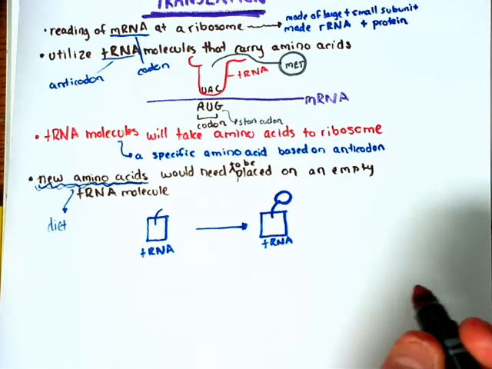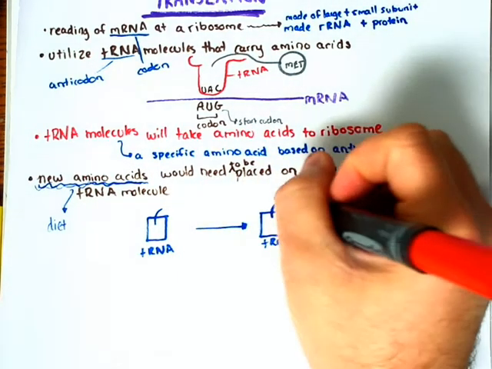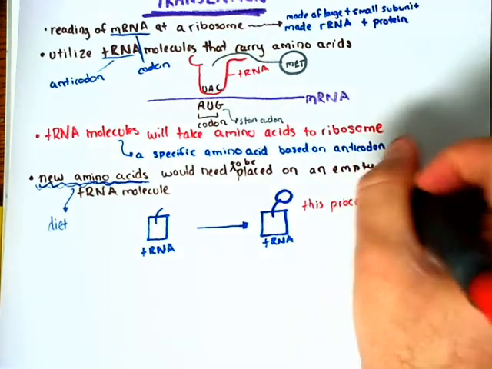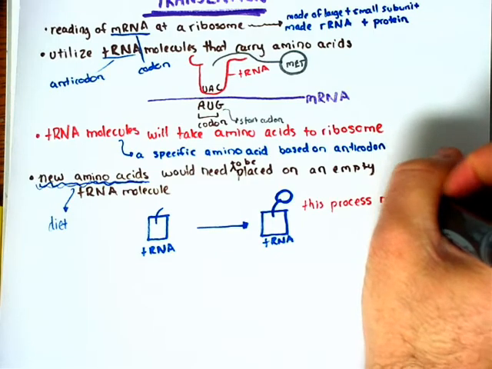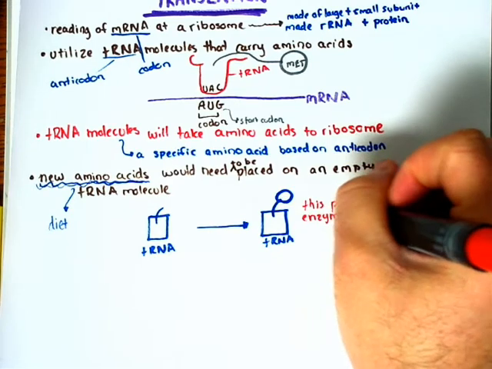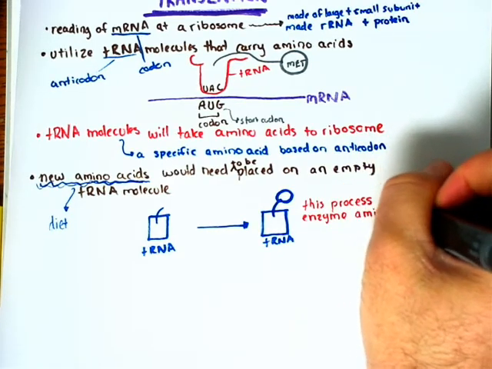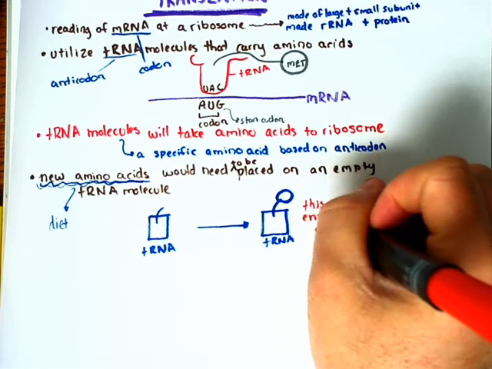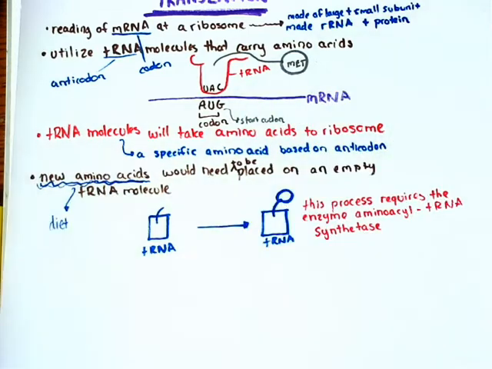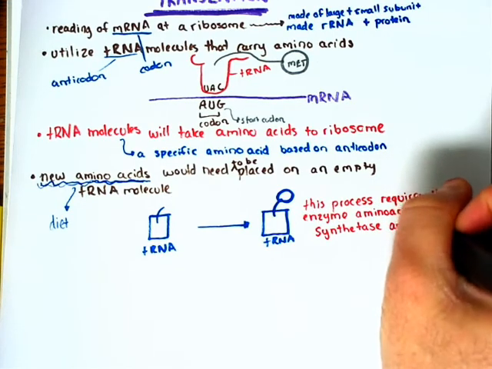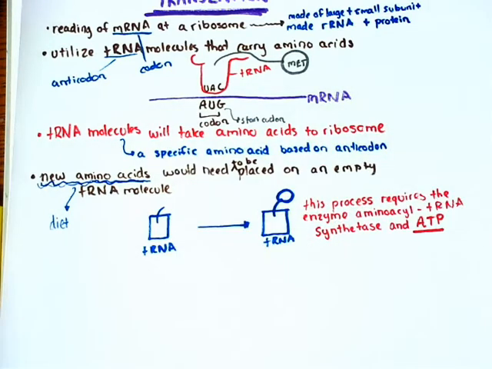This reaction is going to require a specific enzyme, and the name of the enzyme required for this process is called amino acyl tRNA synthetase. As well as ATP.